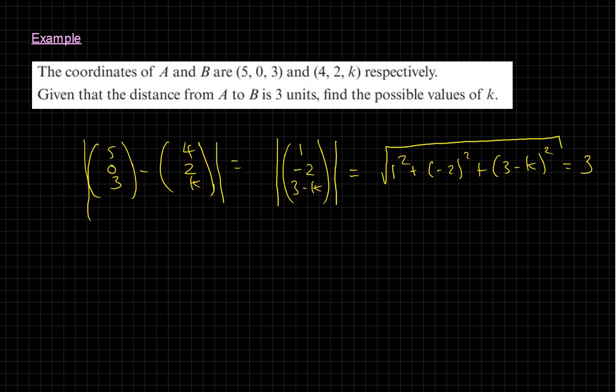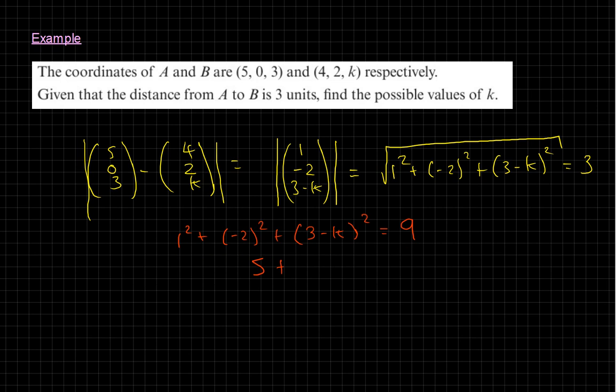So with that information, let's square both sides and just turn this into 1 squared plus minus 2 squared plus 3 minus k squared equals 9 by squaring both sides. And then it's really just a case of solving a quadratic, isn't it? Because you've got 1 squared plus minus 2 squared is 5. Plus, should we multiply out?